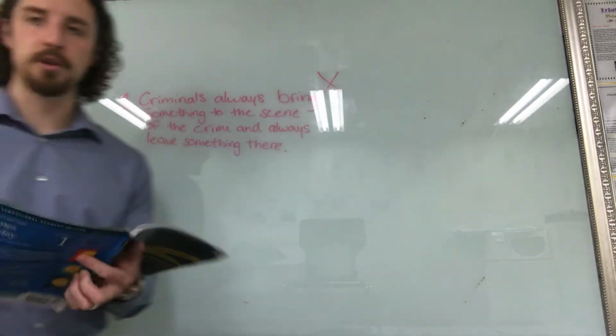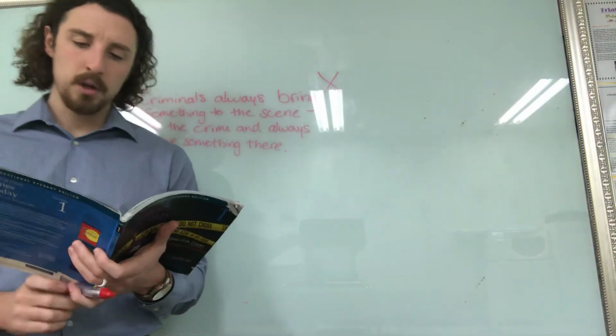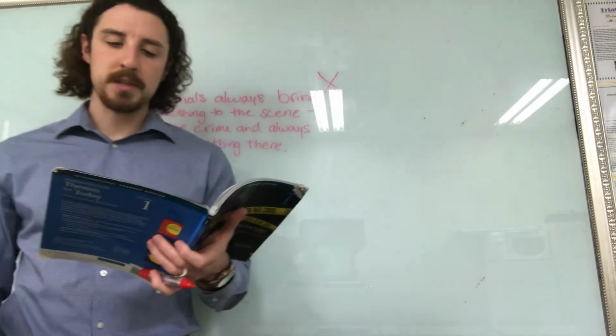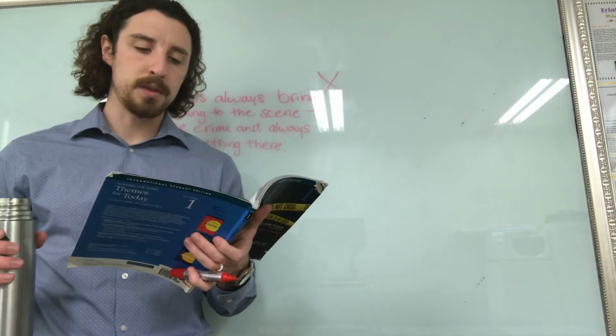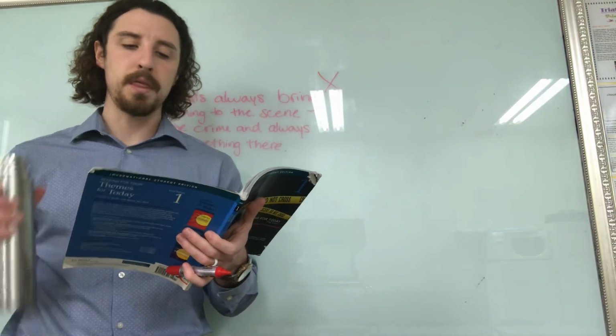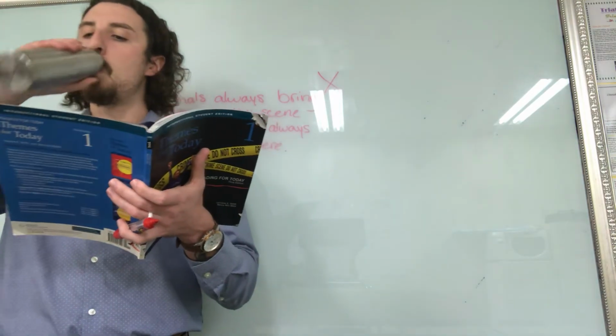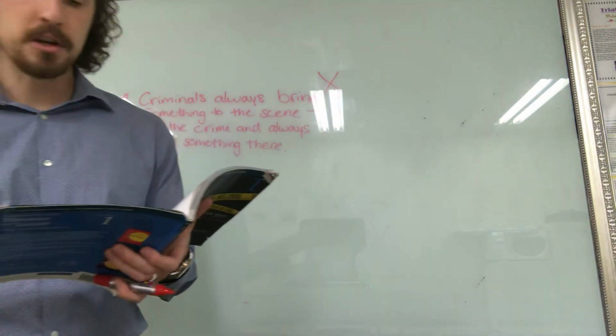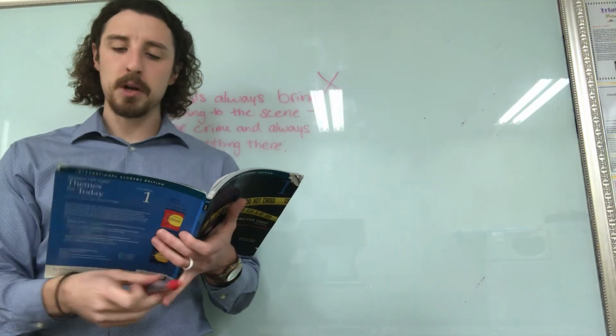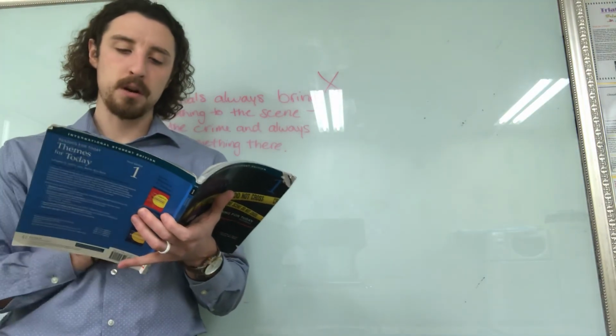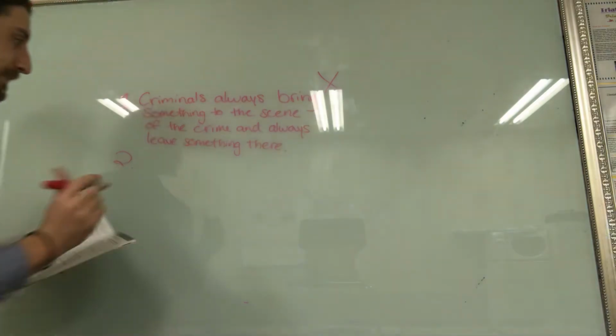Okay, let's read question 2. Why are fingerprints from the scene of a crime compared with the fingerprints on file with the FBI, the police, and other agencies? The answer here is because the person who committed the crime may have his or her fingerprints on file.